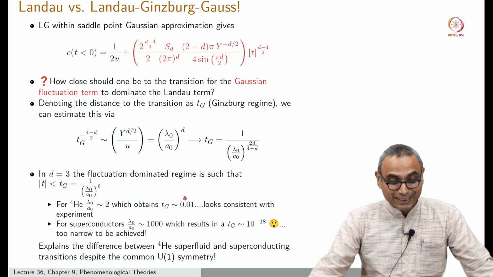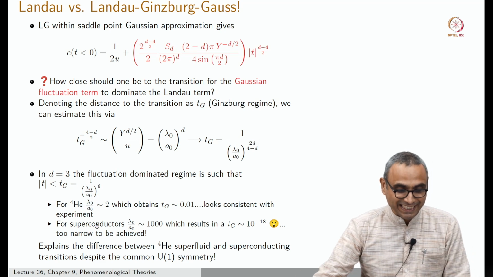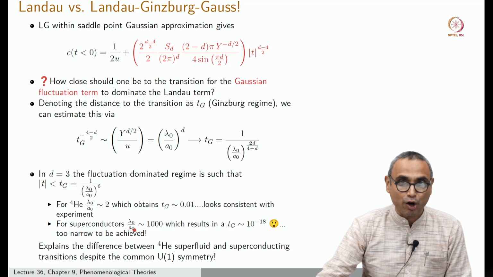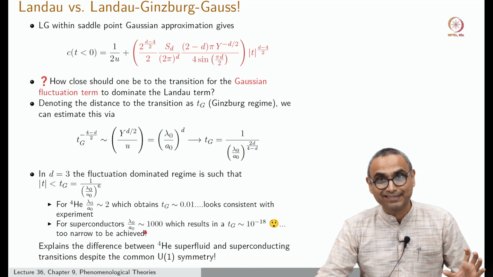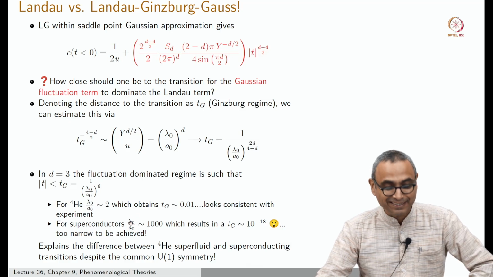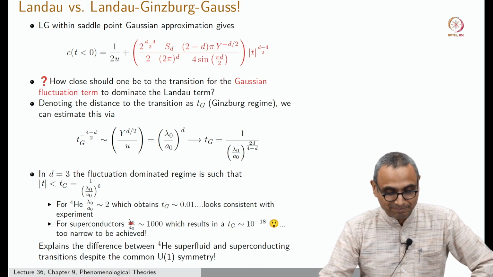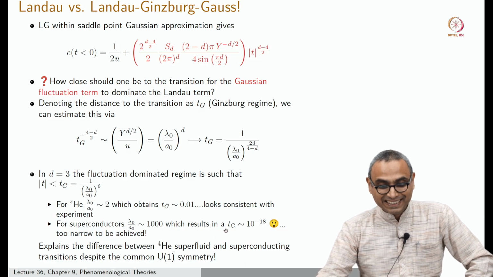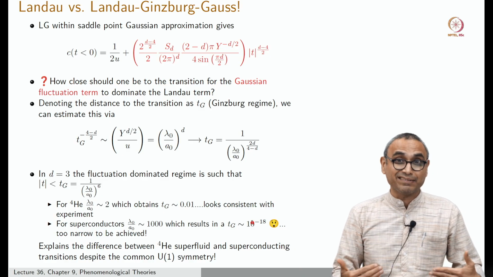But here is the main story. In superconductors, this lambda naught by a naught is 1000. It is called the coherence length, and the coherence length by a naught is like 1000. So, what that does is it tells you that Tg is 10 to the minus 18.